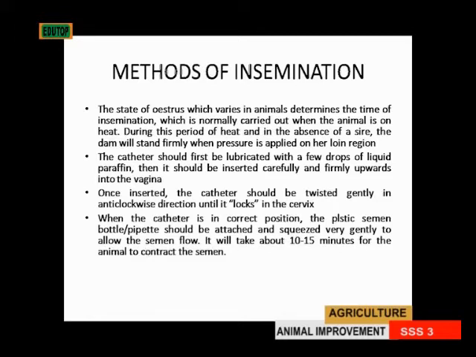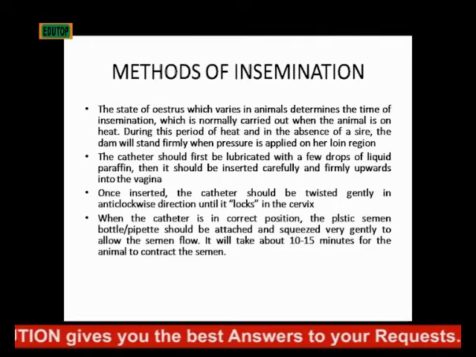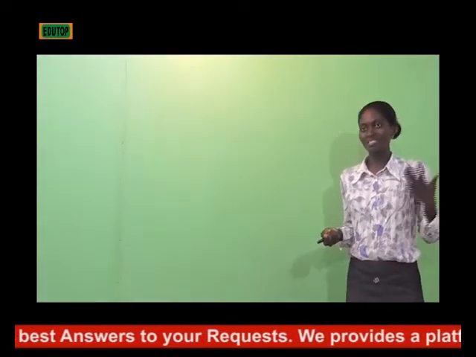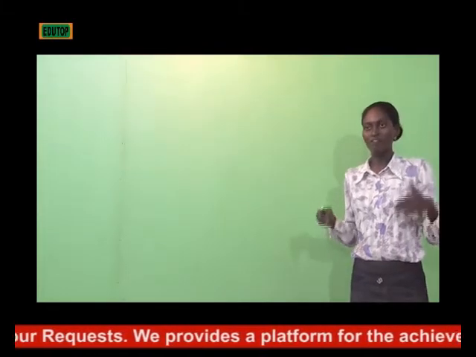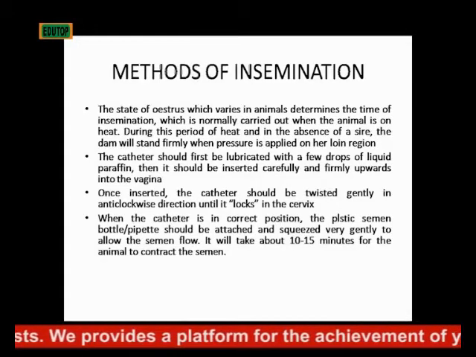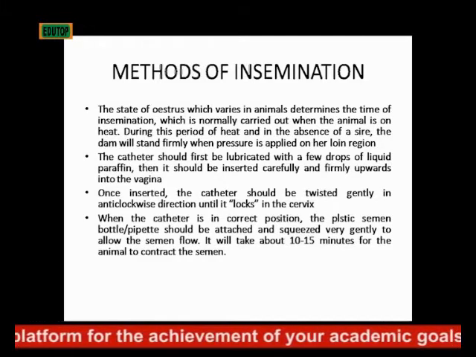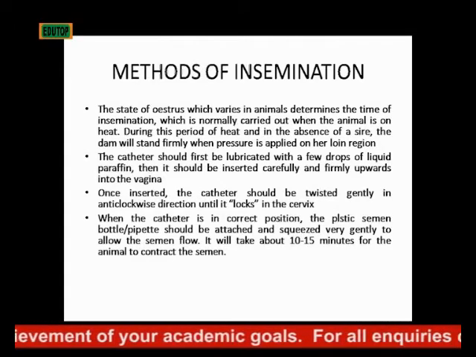The dam, which is the female animal, is made to stand firmly when pressure is applied on her loins region. Then the catheter, the substitute for the penis, is first lubricated with a few drops of the liquid paraffin.